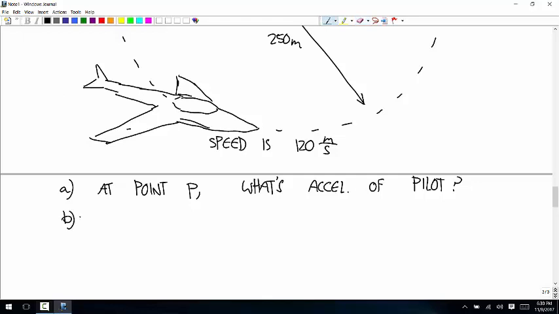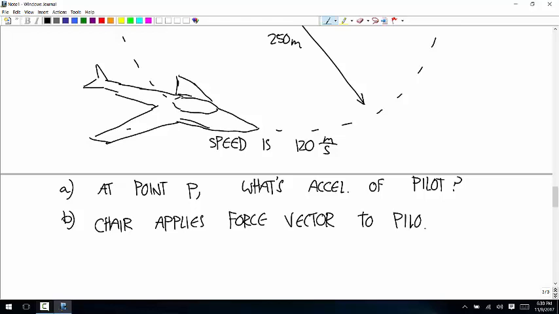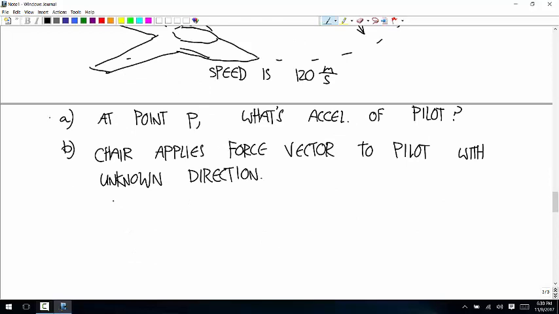And second, we're going to assume that the pilot's chair applies a force vector to the pilot with an unknown direction. And we want to know what is that force vector.